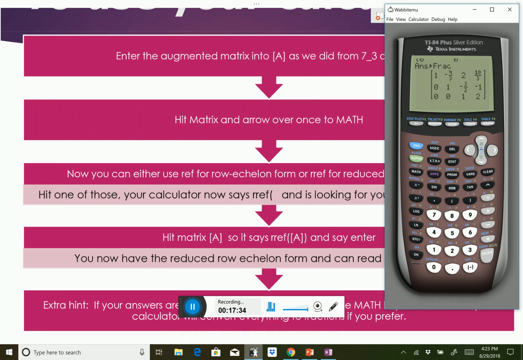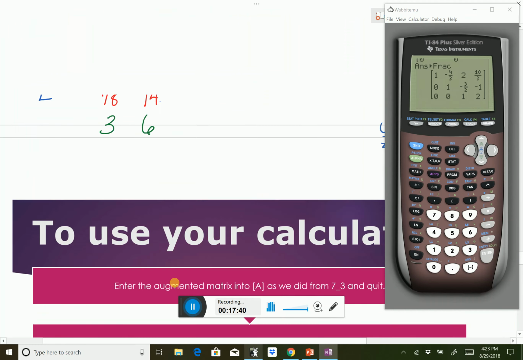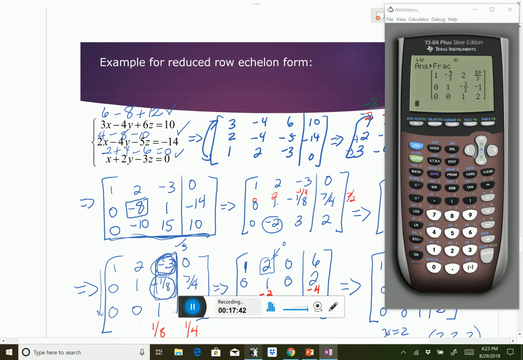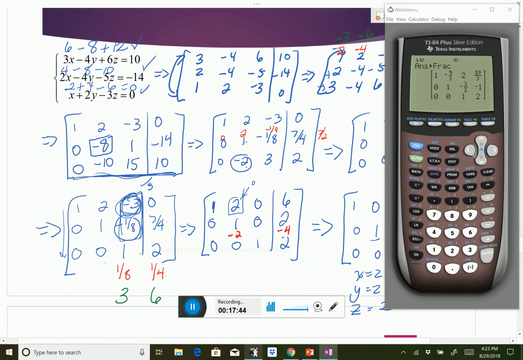Now, you think to yourself, wait a minute. That's not the same one that I got. So let's look up here. When we were at the row echelon form, which was actually this one, we have a different answer. However, we still have the same at the bottom. Z was equal to 2.